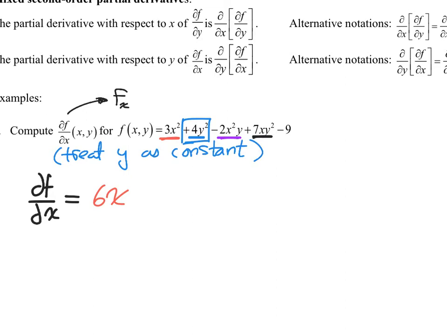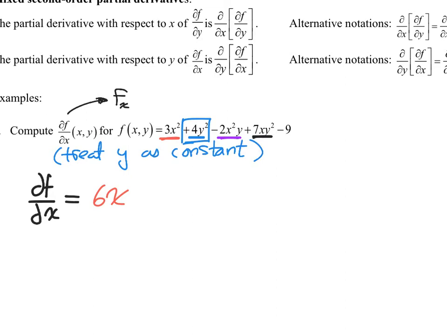You know, f of x was the same as y. F of x comma y is the same as z. So if you were to use prime notation, you would think of this the way you would like y prime. This would be like z prime. But z prime of what? Are we talking in terms of x or in terms of y? So we have to be more particular about our notation here.